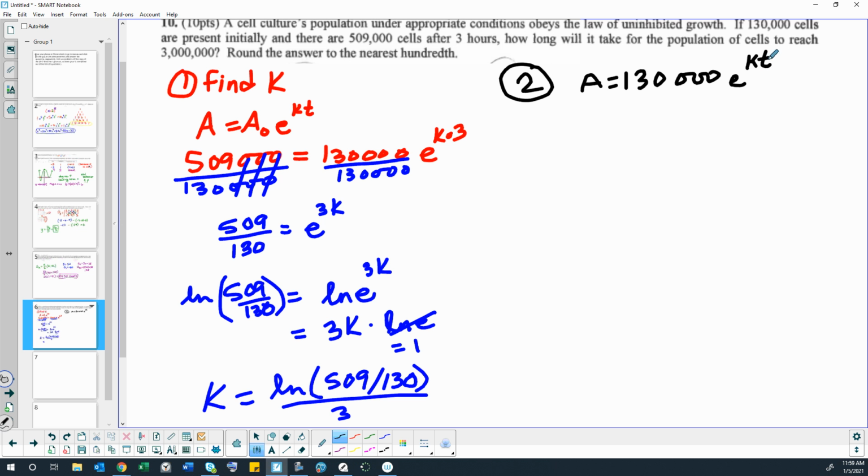So we can just plug that in there, whether you change it to a decimal or just leave it as this ugly exact answer. So we want to know how long it's going to take to reach 3 million. So we want this first number to be 3 million, and that's going to equal that stuff.